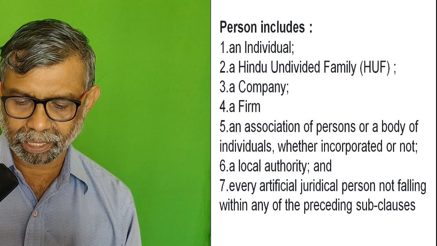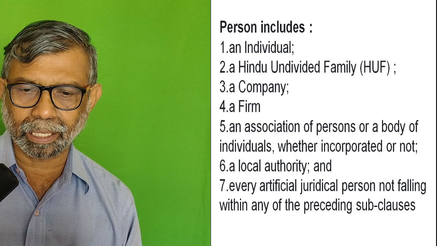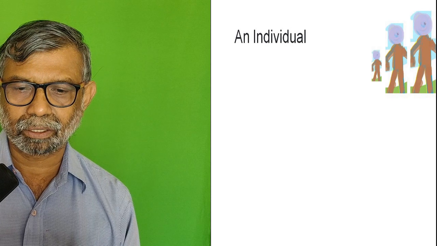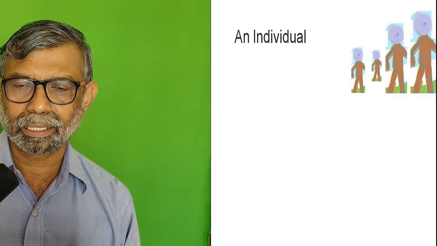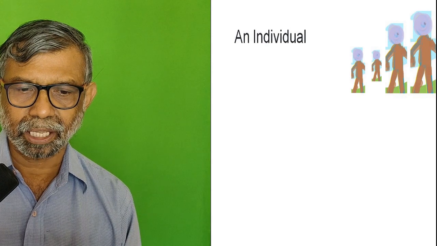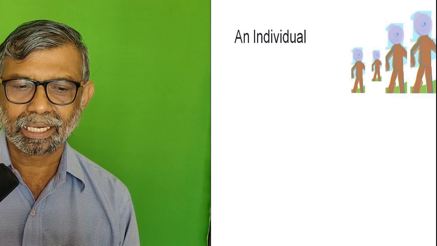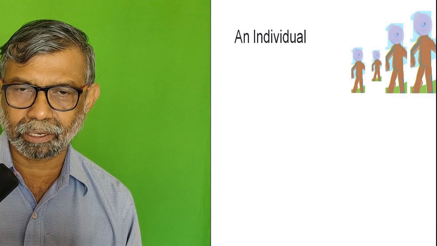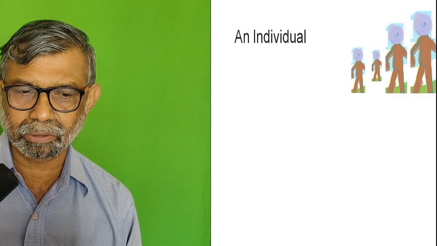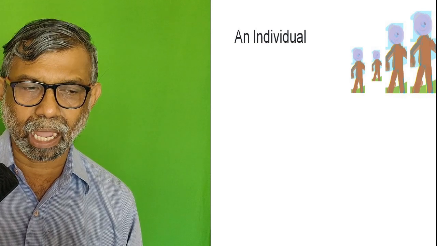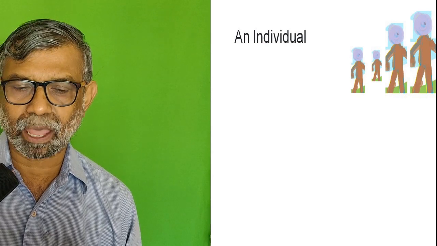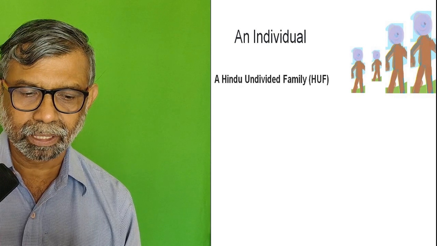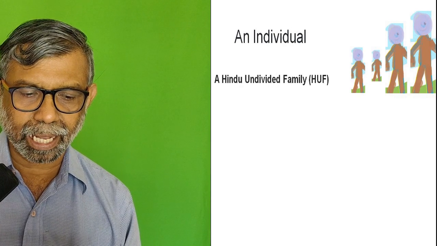An individual is a human being, maybe a minor, lunatic, or major, or a woman, or man, whatever. Human beings are individuals. Clear? A minor can be an individual, a lunatic person is an individual, all come under that. Now, the second case, Hindu undivided family or HUF. Here a Hindu husband and wife, and their children and their wives and their children.